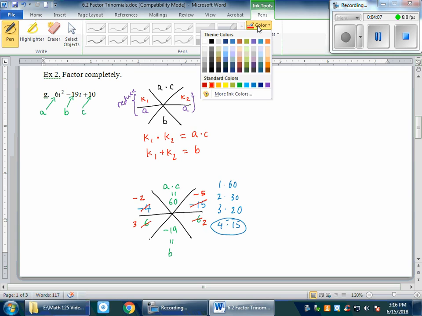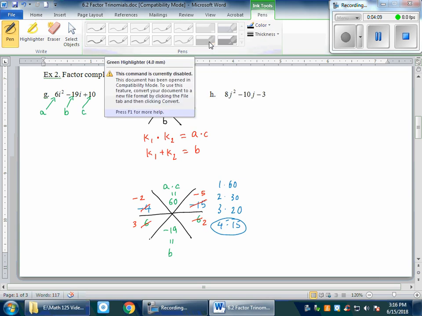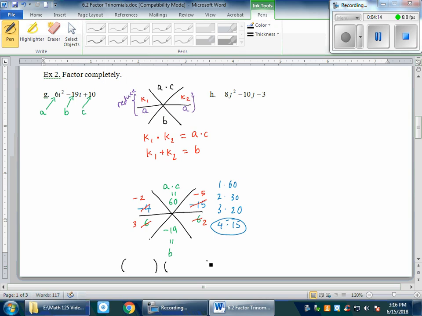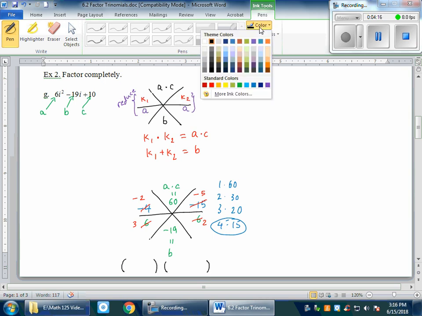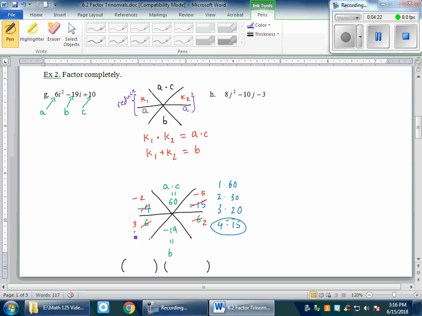Now finally, let's take a look at how we're going to write down our factors. The factor will always be like this. The denominator will go to the front. The denominator will be the coefficient of the first term, and the numerator will be the coefficient of the second term on each factor.